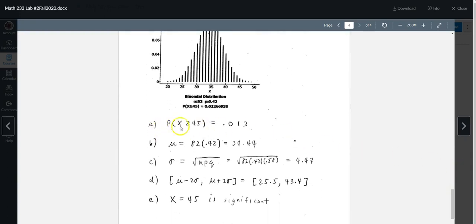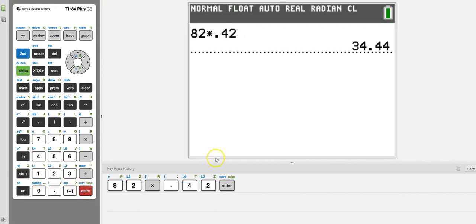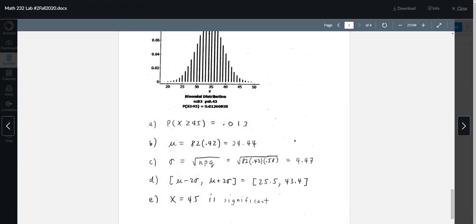So this part A is just this number, 0.013 rounded off to 3 decimal places. The mean of a binomial distribution is the number of trials, which is this 82, times the probability of success, which is this 0.42. So just to show on the calculator, if I go 82 times 0.42, enter. So that's that 34.44 that I'm getting. So that's where that 34.44 goes.